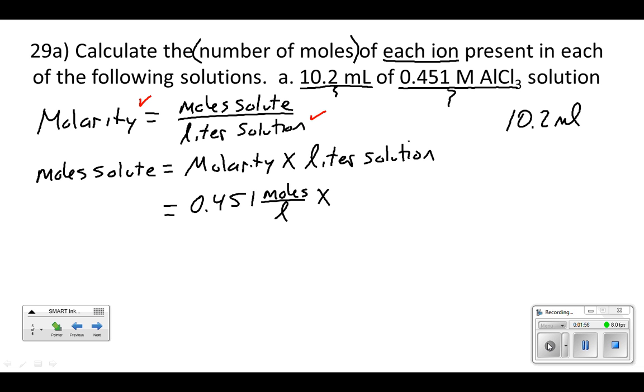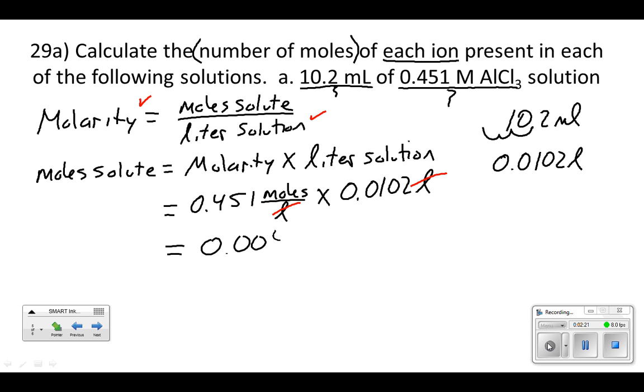If we remember that there are 1,000 milliliters in a liter, we could just move this decimal point over 3, and we'd have 0.0102 liters of solution. The liters here will cancel out. And when we do that math, we will find we have 0.00460, and that's moles. That's moles of total solution, and that was aluminum chloride.